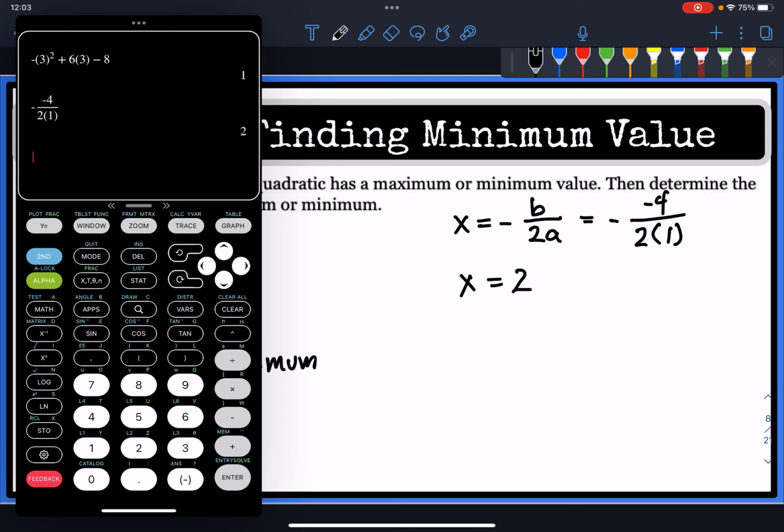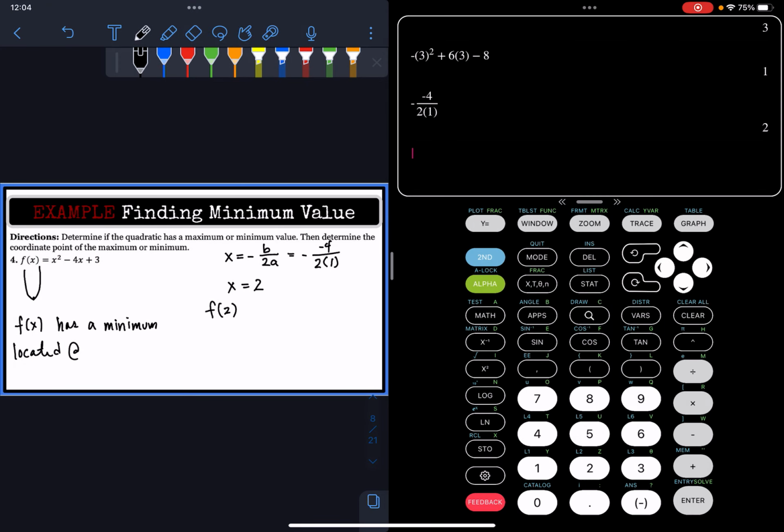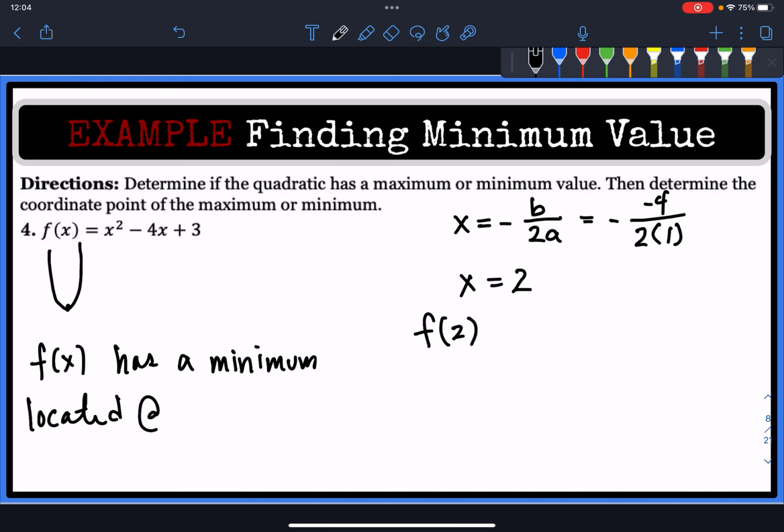Now to figure out the y value, we plug that value into our function. It would be 1x squared minus 4 times x, where the x value we're plugging in is 2, and then plus 3.